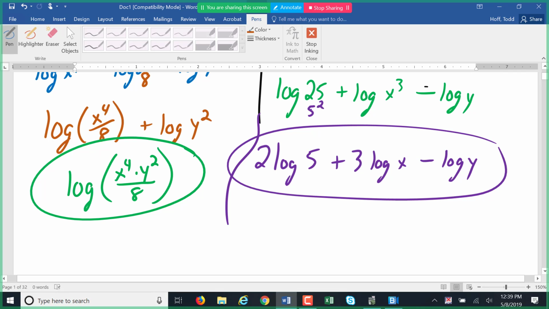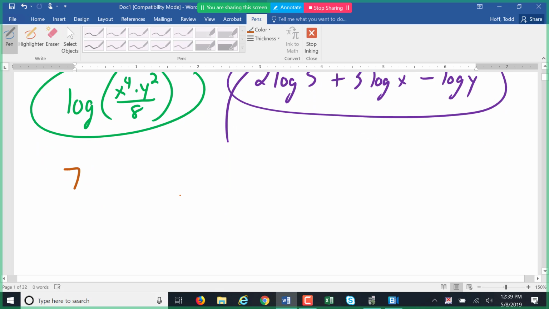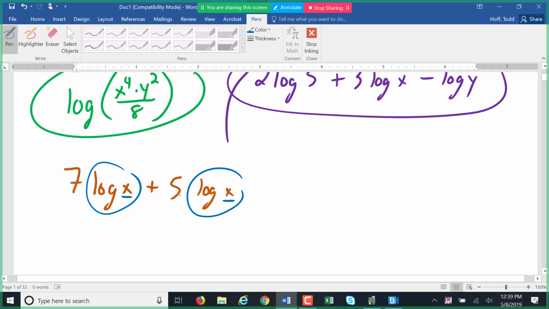Now this can give us some interesting ways to combine logs. If I have 7 log x plus 5 log x, because this is the same log with the same object, remember when there's no base written in the log, it's assumed to be base 10, and the object there is x for both logs, we can add them just like we would 7y plus 5y, or 7/3 plus 5/3.